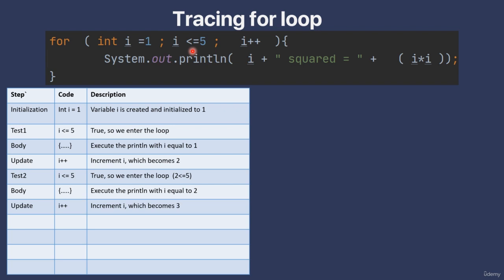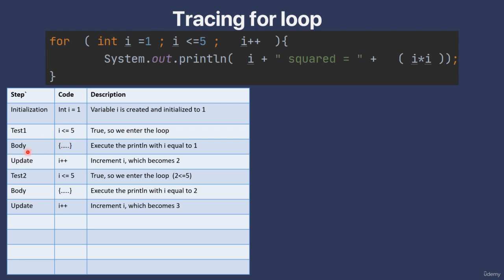Otherwise, go and execute the other code outside the for loop. Executing the body again, it will execute the println with I equal to 2. So I is equal to 2 now because it was incremented by 1 in the previous iteration.